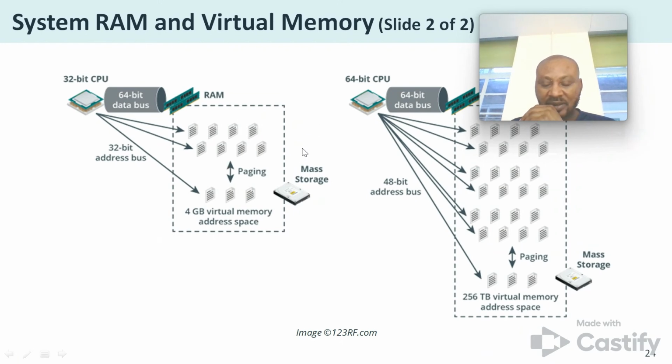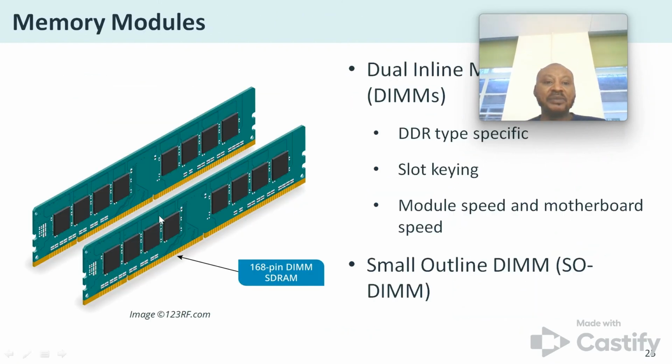Now this is how our memory looks. This is our memory, called DIMM. Back then it was called SDRAM, but that is obsolete; we don't have it anymore, we call it DIMM now. Take a look at this one: these are memory modules, and you see the double demarcation here, one, two.